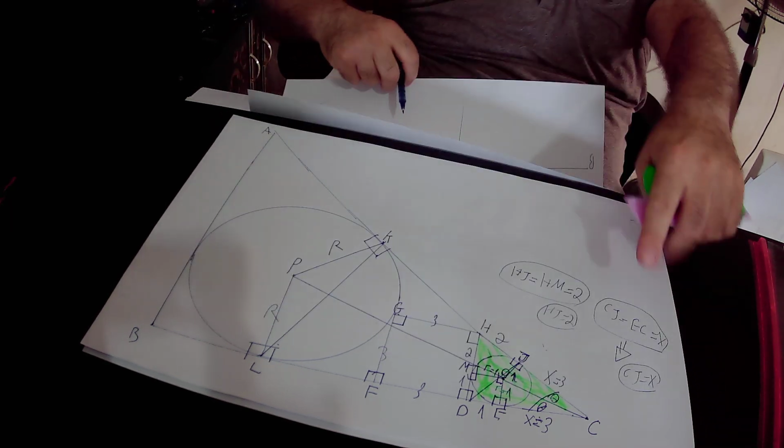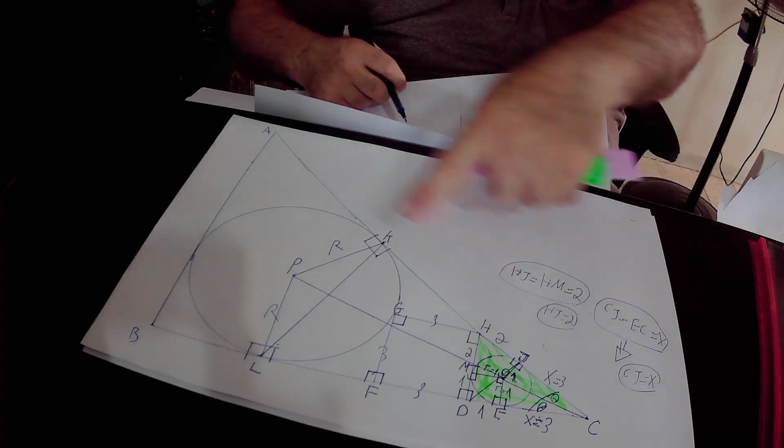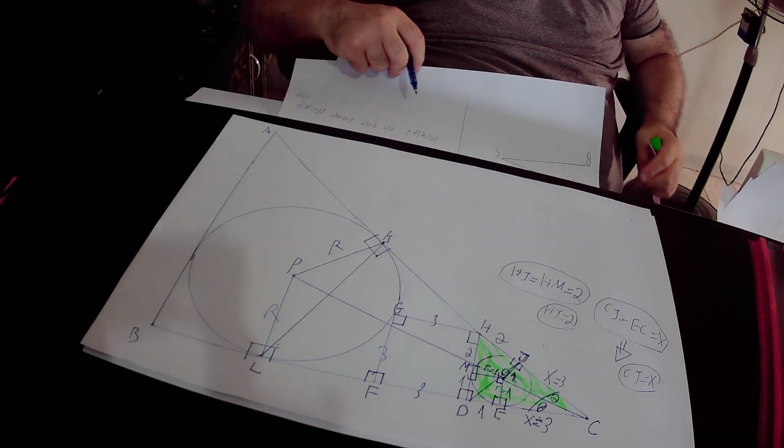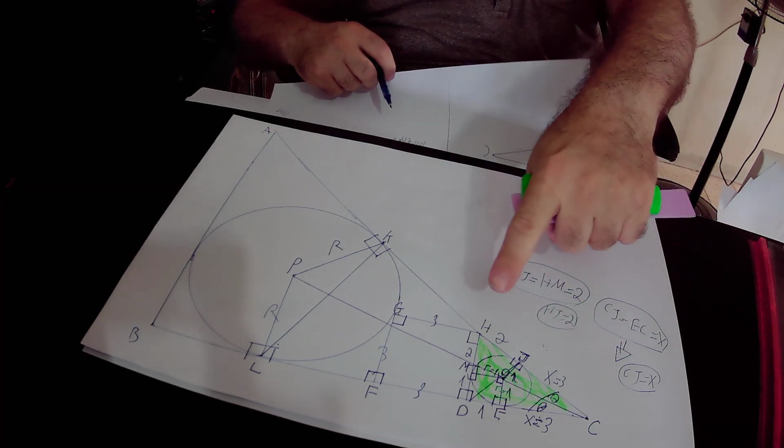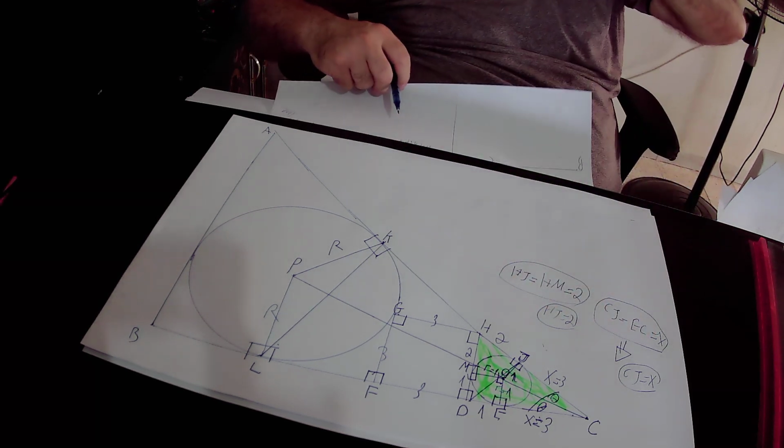So OC and PC are located on two different straight lines. CO and CP are not located on the same straight line, because CO doesn't pass through point P.